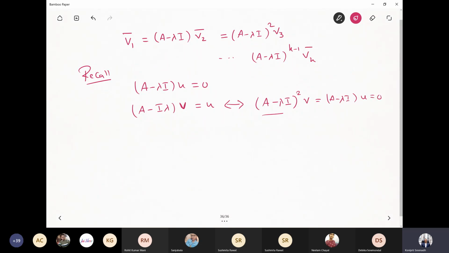So it satisfies this equation, and therefore v is a generalized eigenvector of index 2.